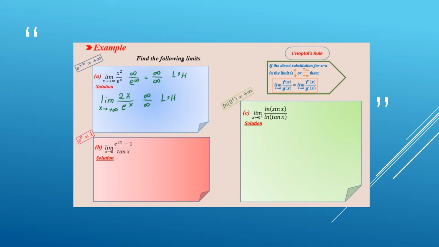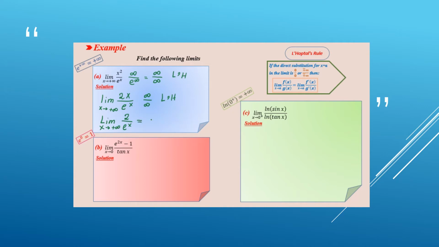So you have to find the derivative up and derivative down. So we have the limit of the derivative up, which is 2, over the derivative down, which is e to the power x, when x goes to positive infinity.